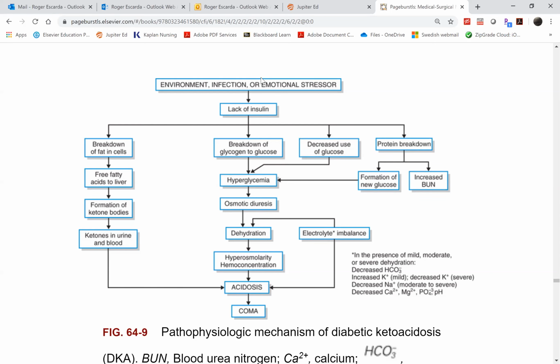But again, the body, not knowing what's going on, will trigger counter-regulatory mechanisms. So the body will go into a starvation mode. It will now start breaking down proteins, the body's sources of glucose, in an effort to feed the cells, not knowing that it's not a problem of the lack of glucose.